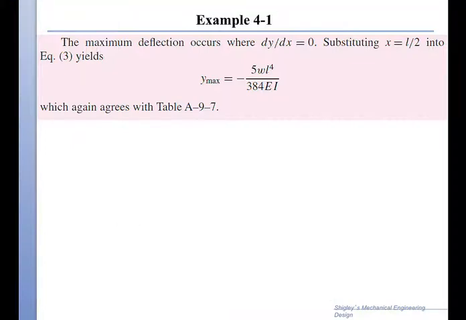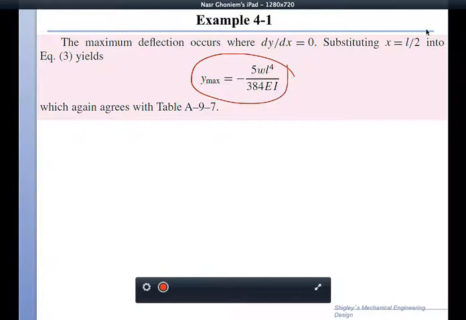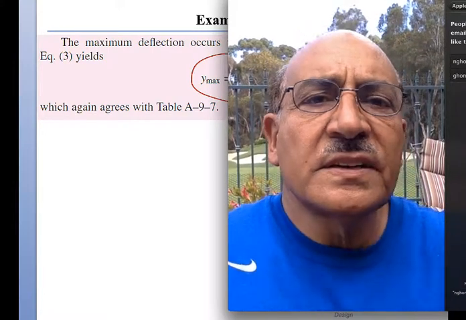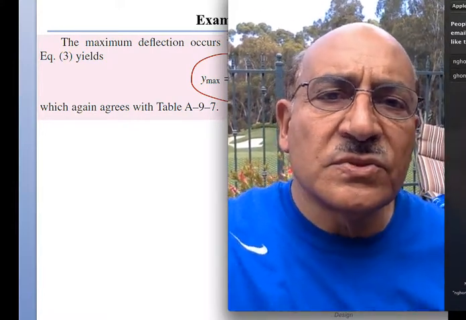As you can see here, the maximum deflection is exactly in the center, where dy by dx is equal to 0, and therefore we obtain minus 5 wL to the power 4 over 384 EI. So that's the same as in Shigley's Table A-9, using mathematics to do the integration.